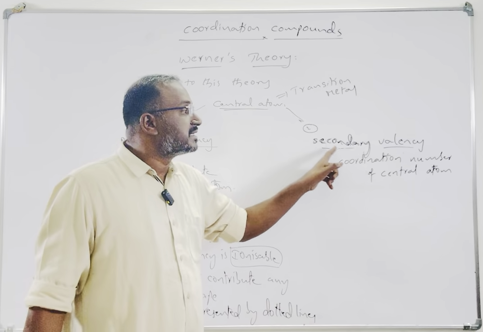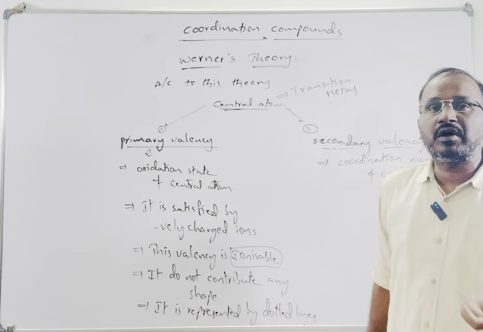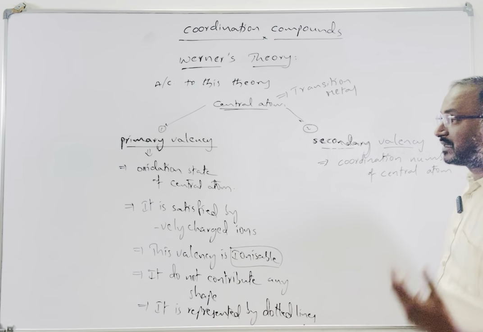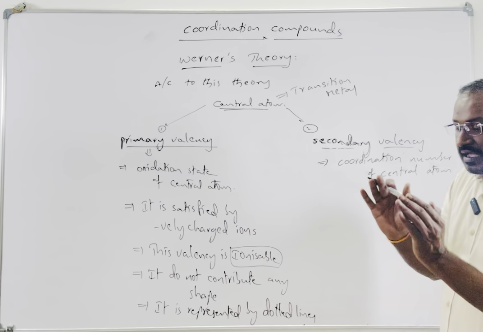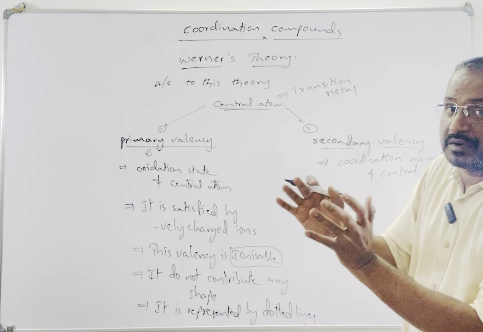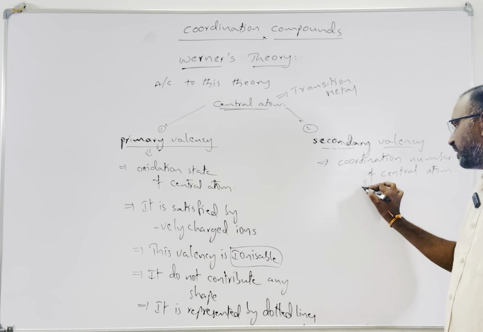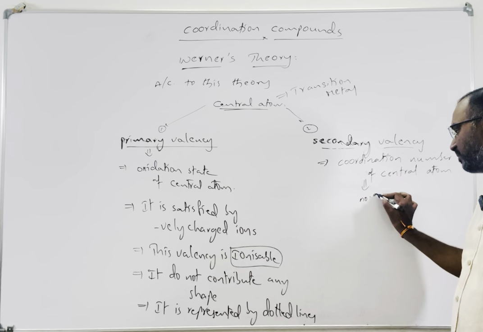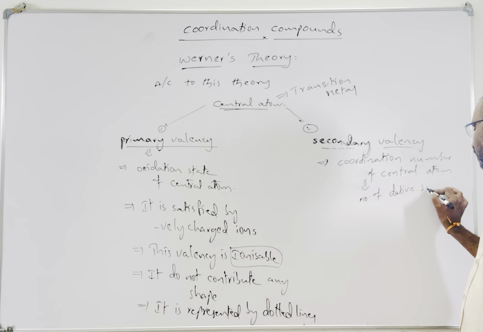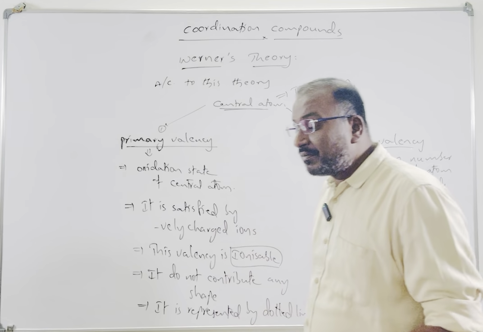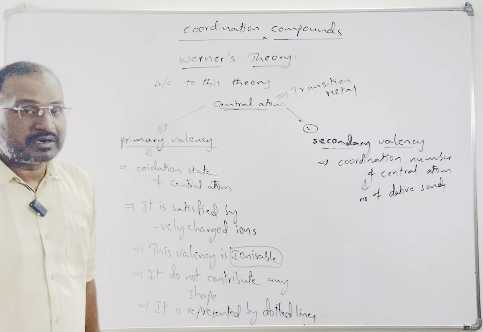Coordination number means the number of coordinate covalent bonds possible for a central atom, based on the available empty orbitals. Coordination number means the number of dative bonds, also known as coordinate covalent bonds.